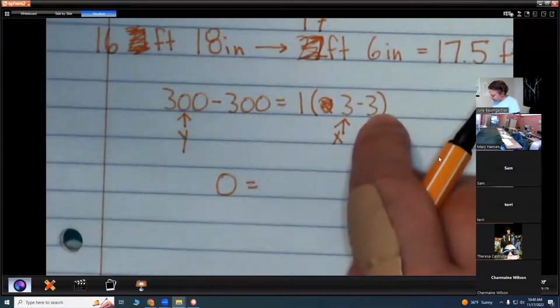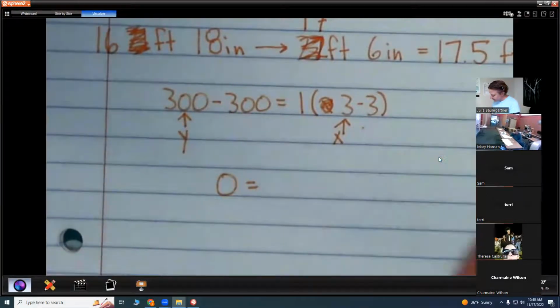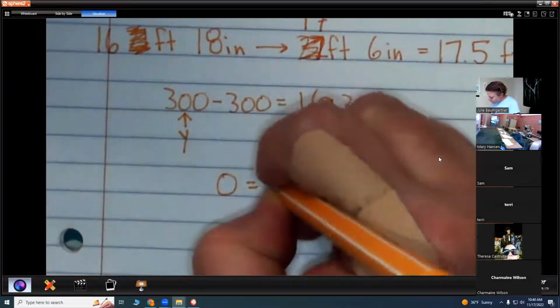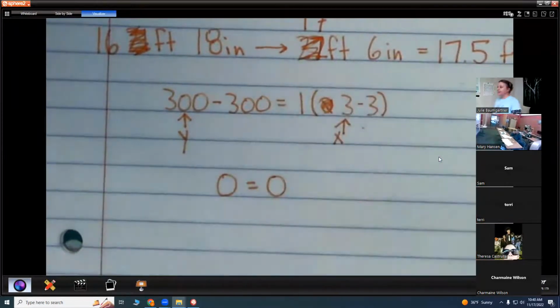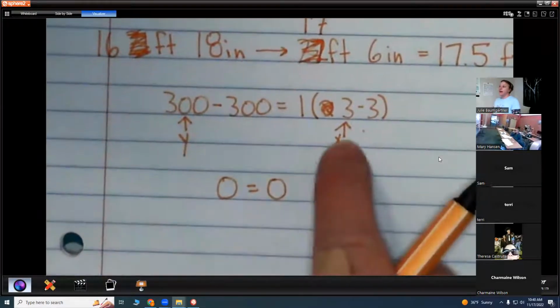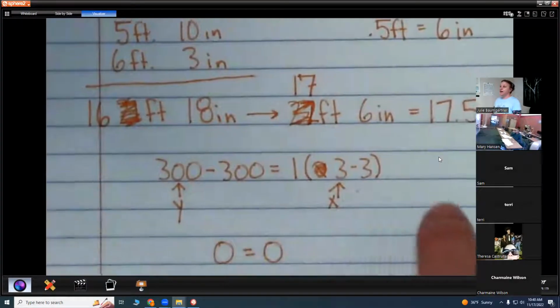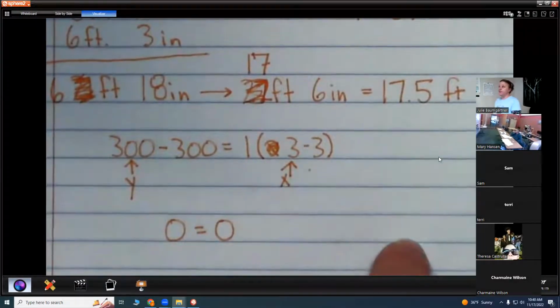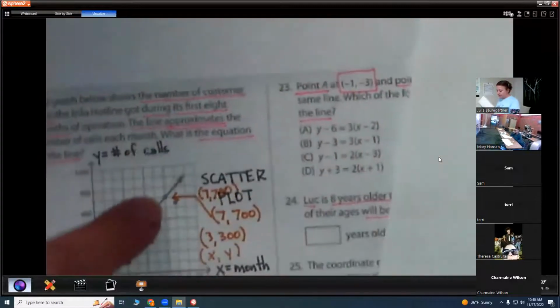Wait, why did that work? Because one of the points is going to work and one of them is not going to work in A. Oh, I see. So the first point worked. So A could be a line that has our original point, but we have to double check it with the second. Exactly.